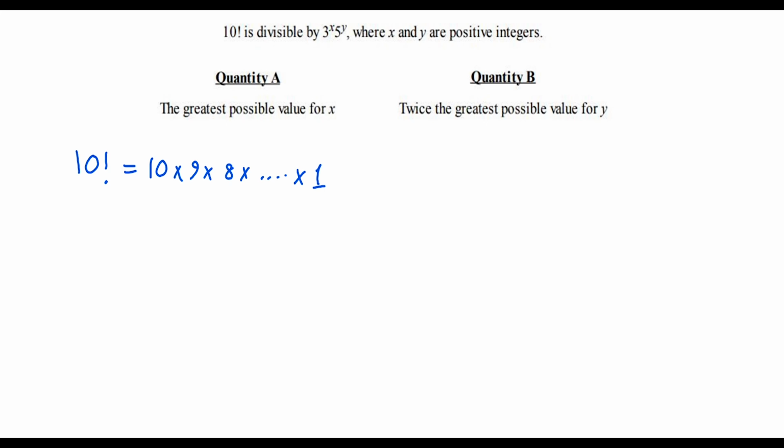And we want to know when 10 factorial is divisible by 3 to the power of x, when x is the maximum possible value.